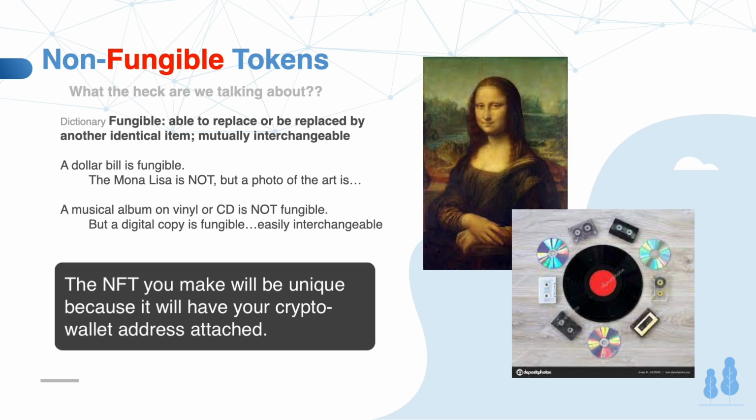But that fake is mostly worthless because it's relatively easy to prove that the reproduction is not the original. The value of that card or stamp and of the NFT resides in this proof of who created it and its authenticity and the ability to transfer ownership.